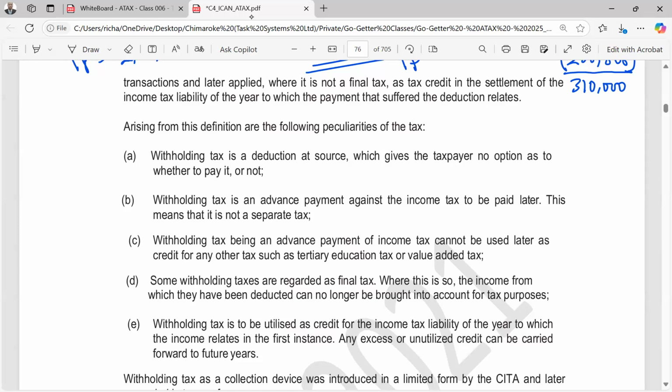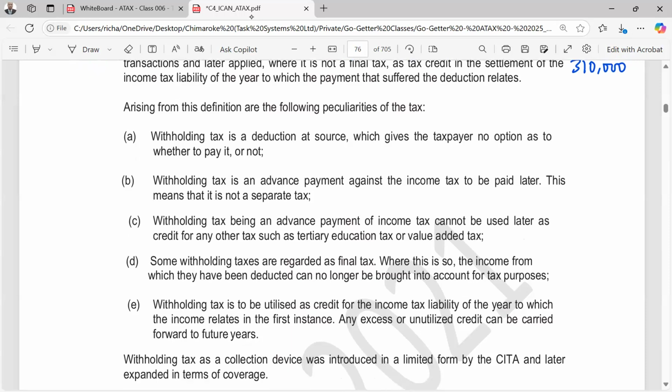Some withholding taxes are regarded as final taxes. I mentioned that. Where this is so, the income from which they have been deducted can no longer be brought into account for tax purposes. So it means that you have deducted it from, let's say, dividends. You cannot bring the dividends again for tax purposes. It means you have to exempt it from taxes.